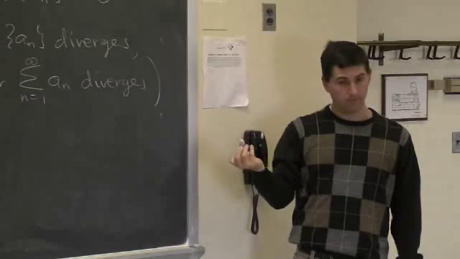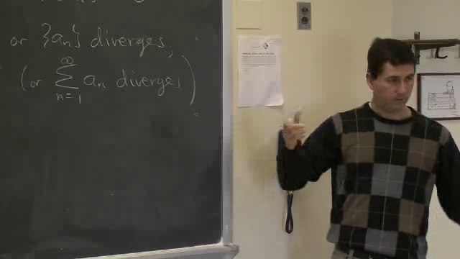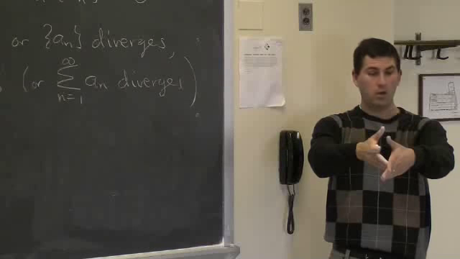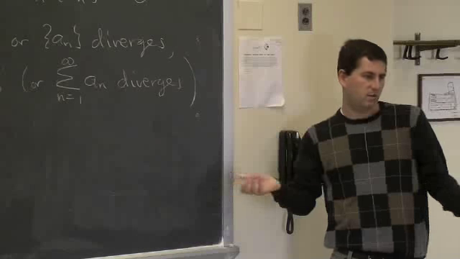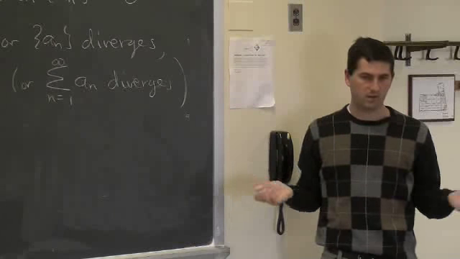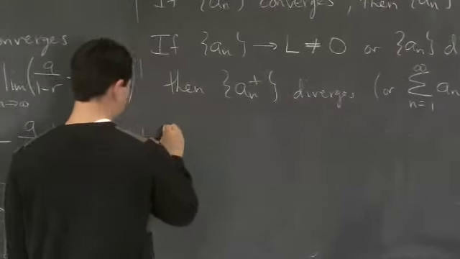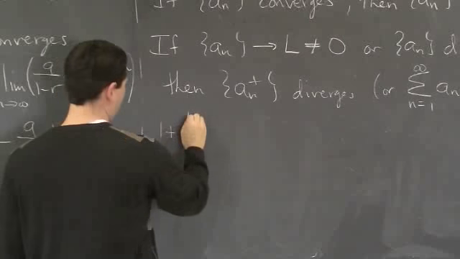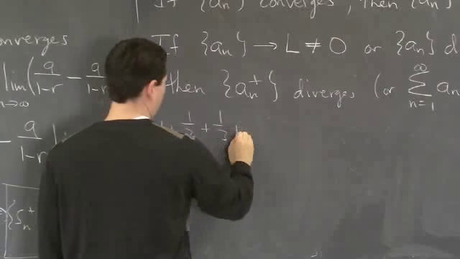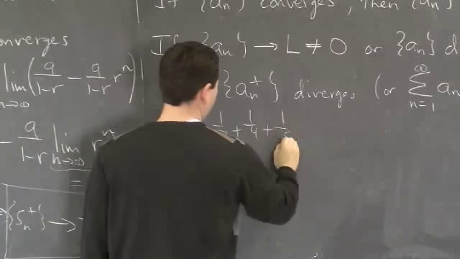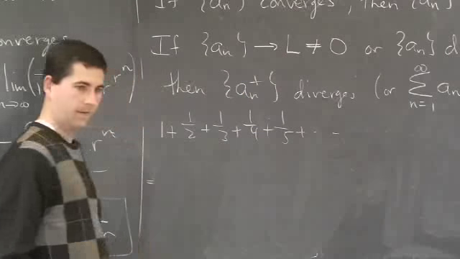Do we think that's true? If you can get really, really small, then you're adding small things, and so the whole sum should converge. That's intuitively clear. So let's look at an example. Let's look at 1 plus a half plus a third plus a fourth plus a fifth plus so on.